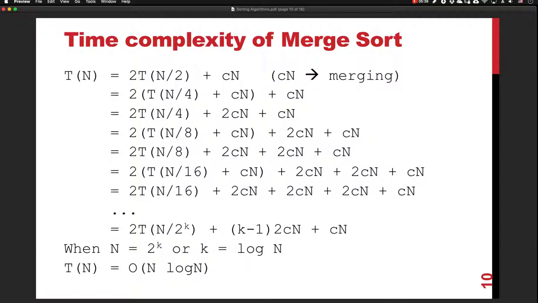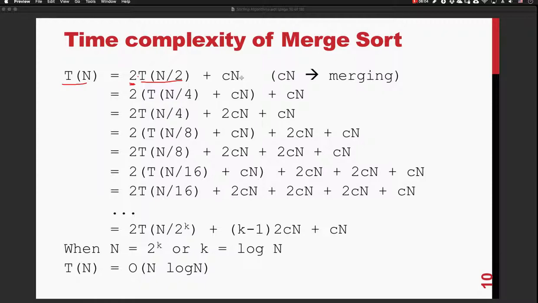So here there is a proof. In merge sort, the running time for data size n: we do it recursively for each half. T of n over 2 is the running time for half of the data. Since we have two halves, it's times 2, and then we need to combine those two results together.